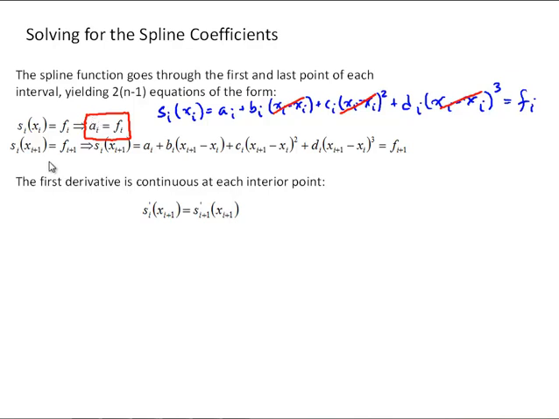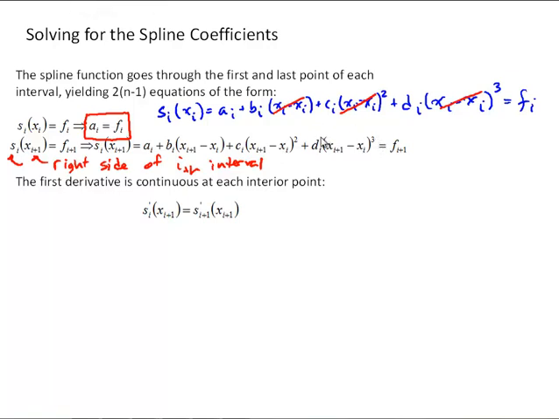And for the right side of the ith interval, we do the same thing, but we plug into the spline function for the ith interval, evaluated at xi plus 1. When we evaluate that, we get ai plus bi times (xi plus 1 minus xi) plus ci times (xi plus 1 minus xi) squared plus di times (xi plus 1 minus xi) cubed.